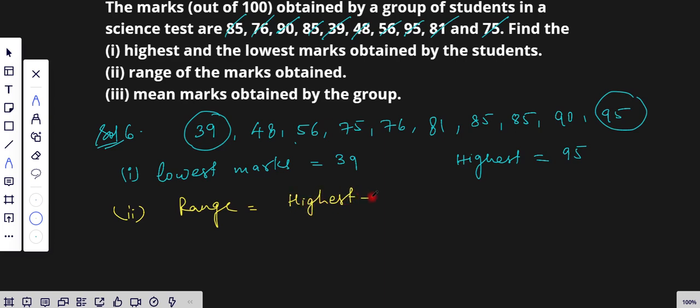So this is 95 minus 39. 15 minus 9 is 6 and 8 minus 3 is 5. So the range is 56 marks, right? Note it down fast.